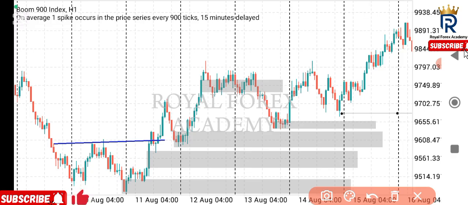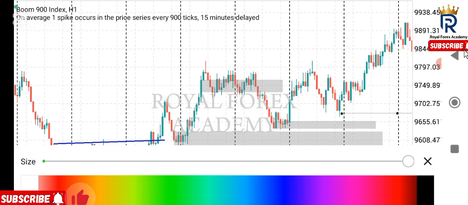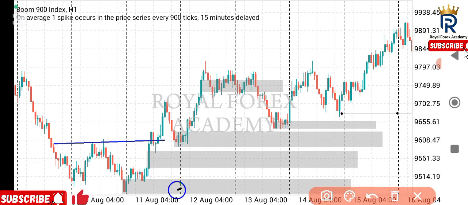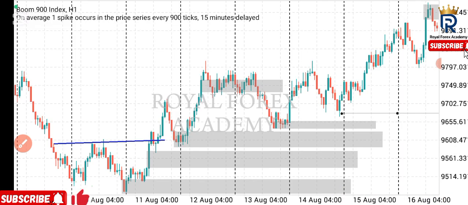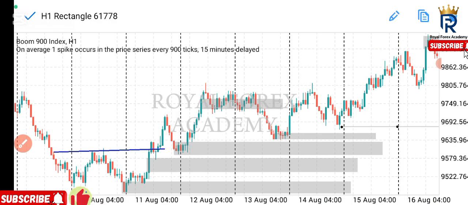So here is our order block. This is our order block. Here is our fair value gap. Here we have our smart money cube, and then price continued like that. So let's see how exactly price played into all of this.